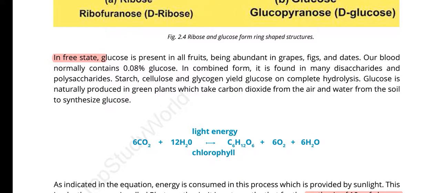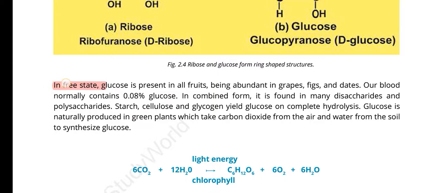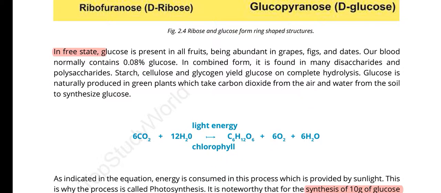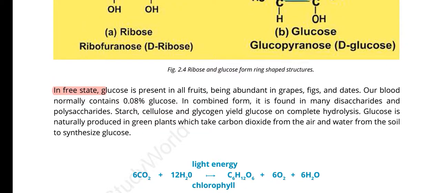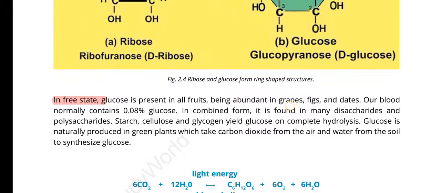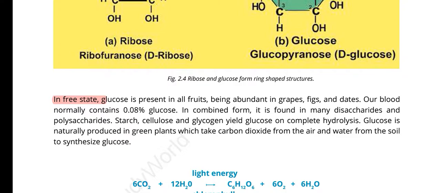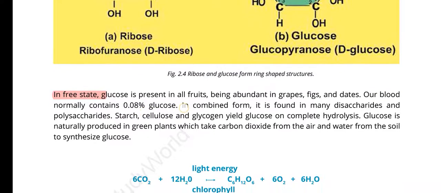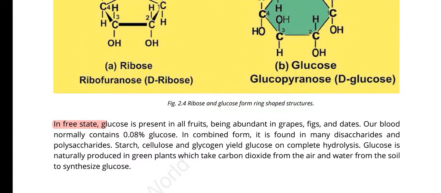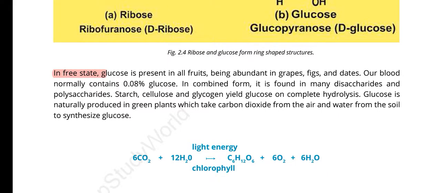Monosaccharides are naturally present in two forms. One is the free state and the other is the combined form. In the free state, they are present in many fruits like grapes, figs, dates, and our blood also contains 0.08% glucose. In the combined form it is found in disaccharides and polysaccharides with the help of glycosidic linkage.